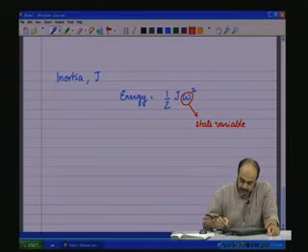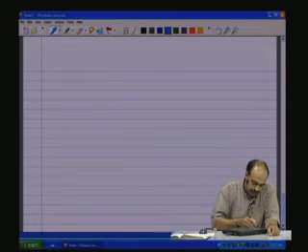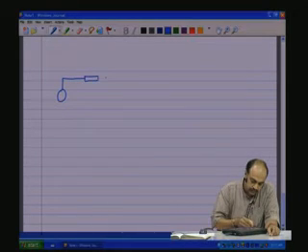So, now coming to the circuit, consider the circuit that we wrote quite some time ago, that we have a source, we have a resistance and a capacitance.